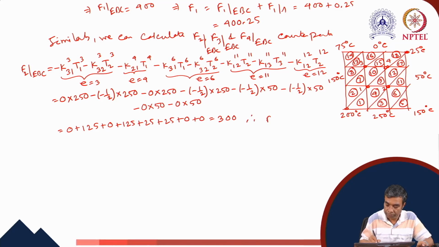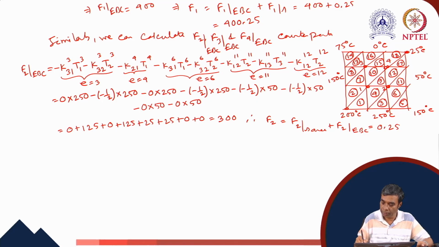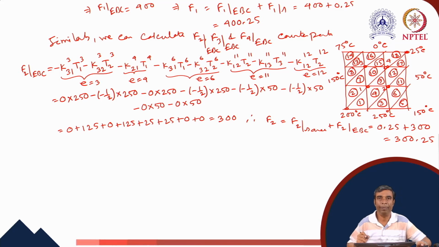Therefore F2 equals F2 source plus F2 EBC, equals 0.25 plus 300, so this is 300.25.